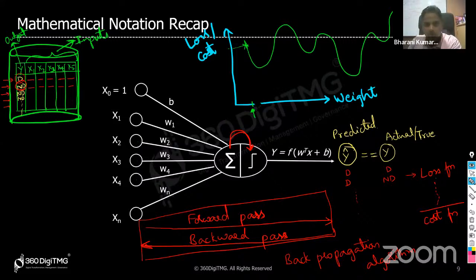So your algorithm now, with this loss or cost, which you obtain when weights were randomly assigned, will go back and update the weights. So the weights are updated. The moment weights are updated, you will have a corresponding loss.